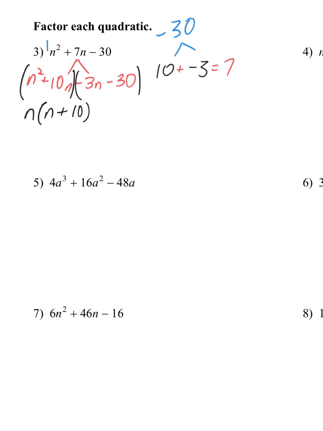In the second group, I'm going to try and get this parentheses to match this n plus 10. So I'm actually going to divide by negative 3. Now, if there's a negative on this first term, I always like to take that out. And this is going to be n, negative 30 divided by negative 3 is positive 10 again. Let's combine our two pieces together here.